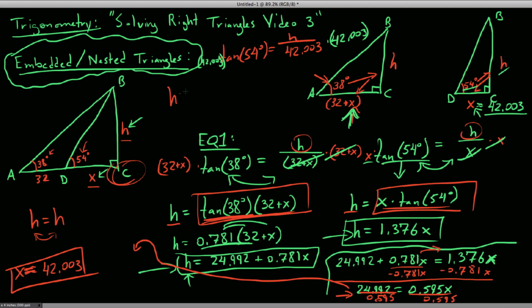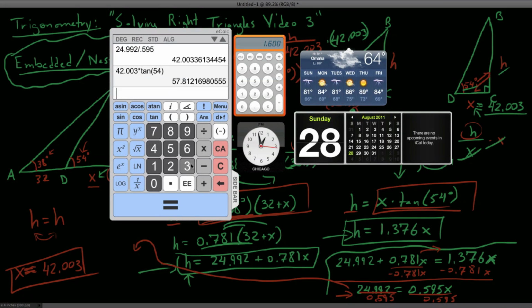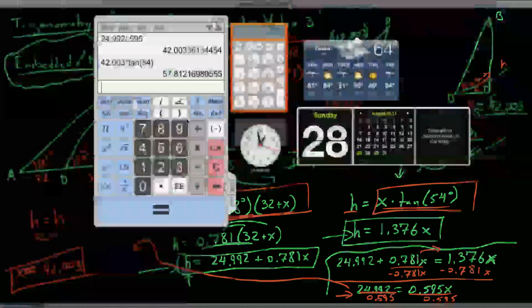So we have h is equal to 42.003 times the tangent of 54 degrees, and now we just ask the calculator to take 42.003 times tangent of 54 degrees, and it says 57.812. So h is approximately 57.812 units.